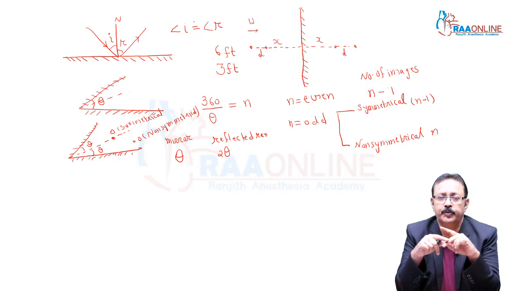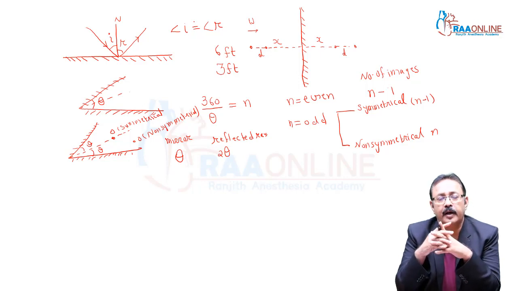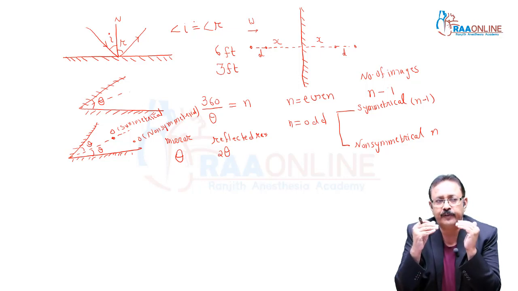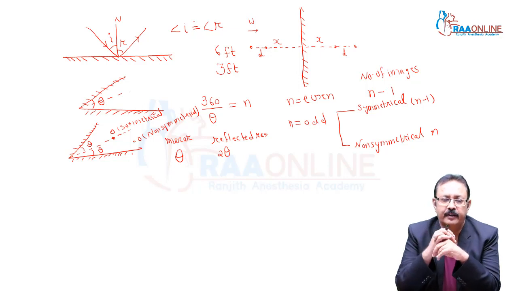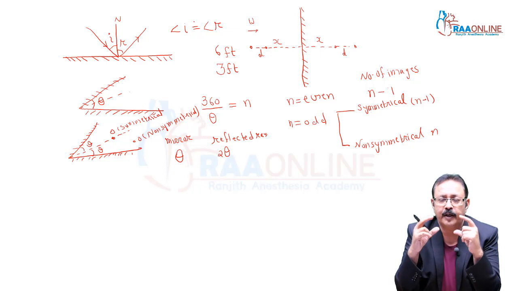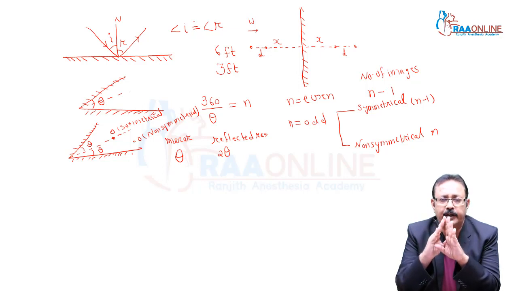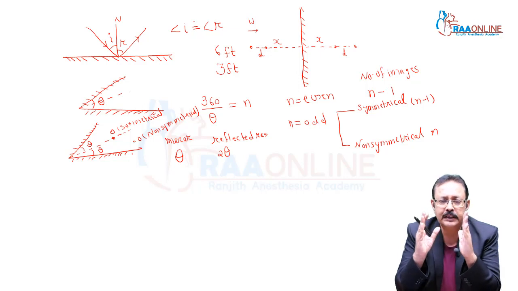Sometimes to confuse you, they can say your height is 1.6 meter, and eyes are at the height 1.4 meter. What length of mirror do you need to see your full image? So there is no effect of the position of the eye. So you have to learn these things regarding plane mirror.